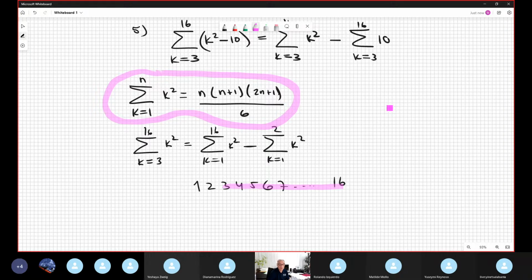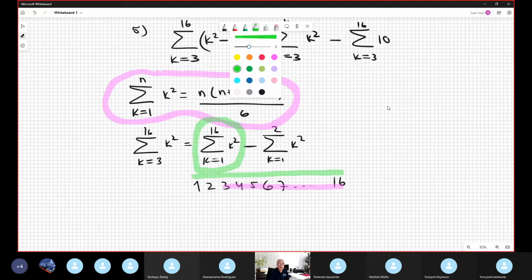So my idea was to compute this summation, and I'm subtracting, let me use another color, maybe gray, subtracting from 1 to 2 gets that part. So you take the formula for the green part and subtract the gray color, you get the purple color. Do you see that?